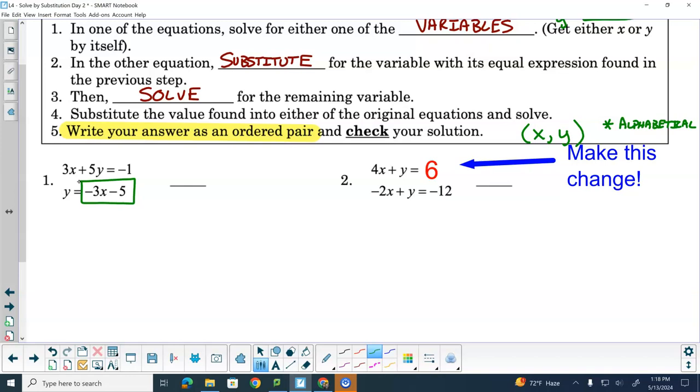X and Y. So what am I going to replace in the first equation? Nope. One more time. What's the bottom one equal to? Y, right? So what am I going to replace in the top equation? A y. Yep. We got to replace what it is equal to in the other equation.